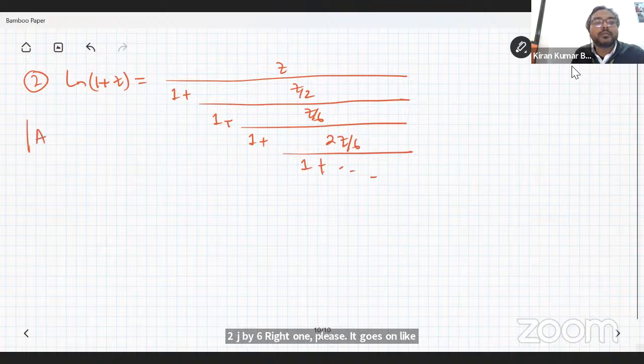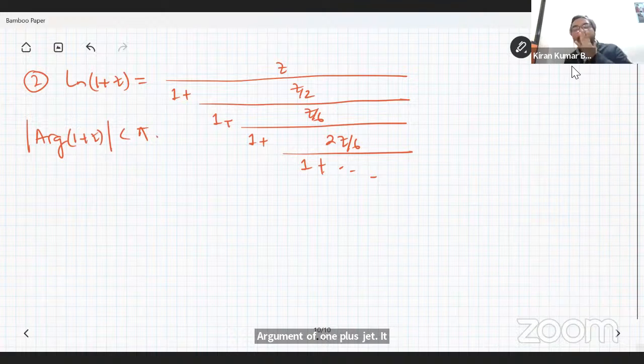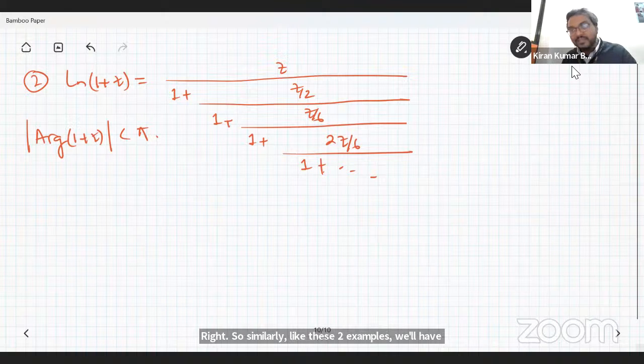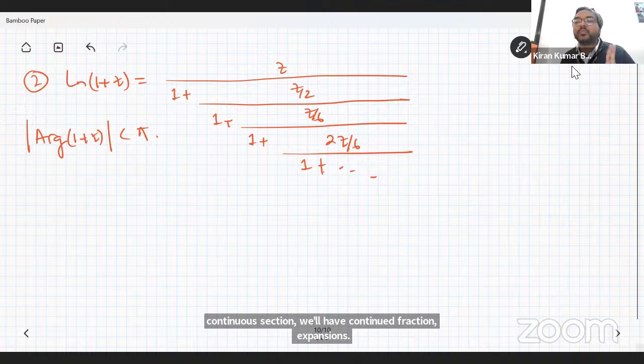It converges when the argument of 1 plus z is less than pi, right? So similarly, like these two examples, we will have continued fraction expansions for any function that has a power series representation. We'll have two representations.